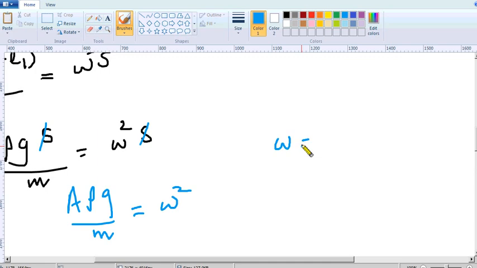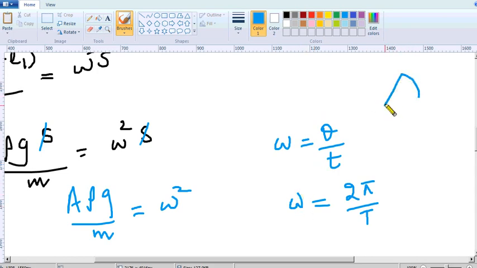You know omega equals theta divided by time t. In circular motion, if the angle is theta, then the time to travel from this place to this place is t. Then this is the equation, theta divided by t.